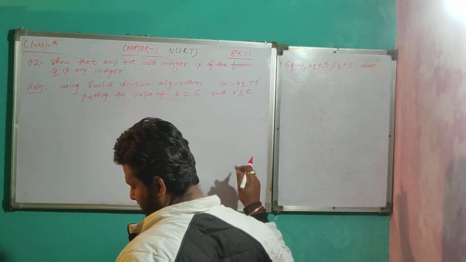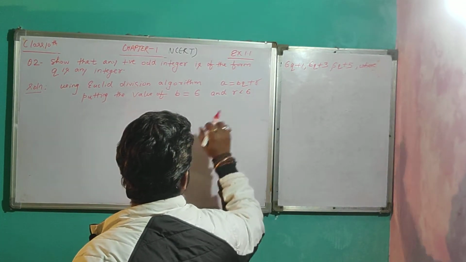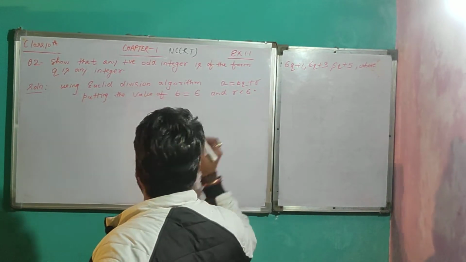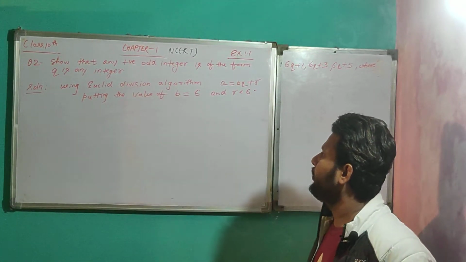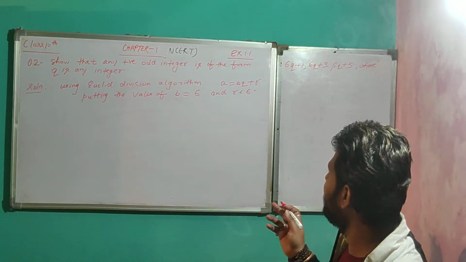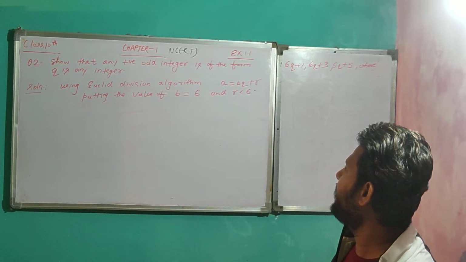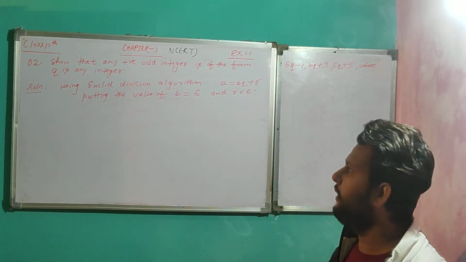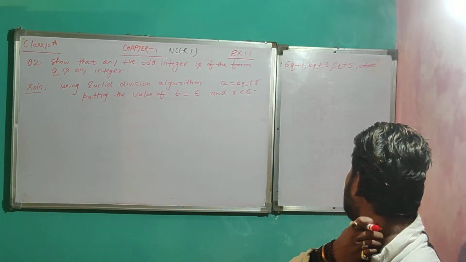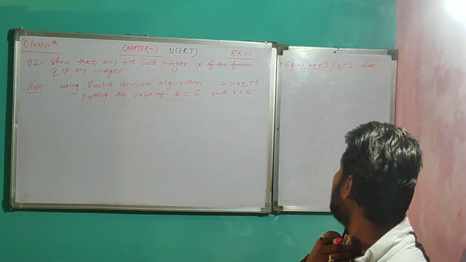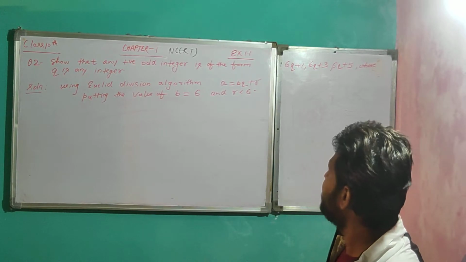The value of R must be less than 6. Okay, so using the Euclid division algorithm, A is equal to BQ plus R, and putting the value of B equal to 6 and R less than 6.